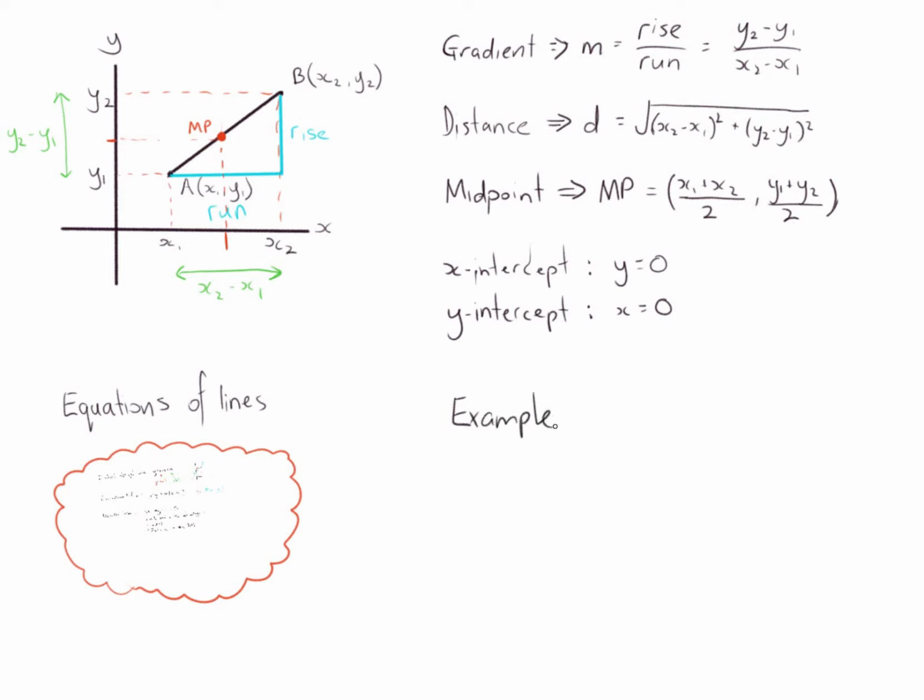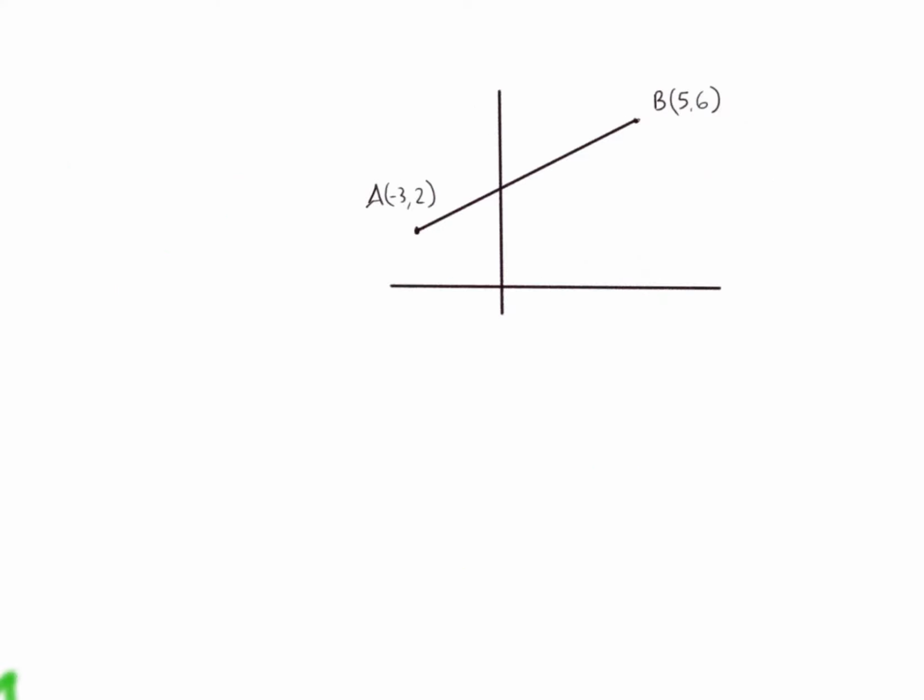In our example, we're going to start with a little diagram. First question. Find the equation of AB in general form.